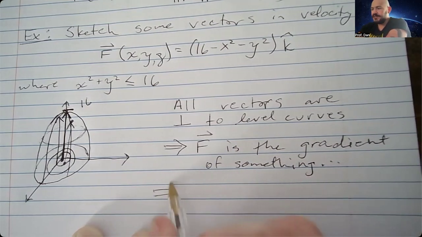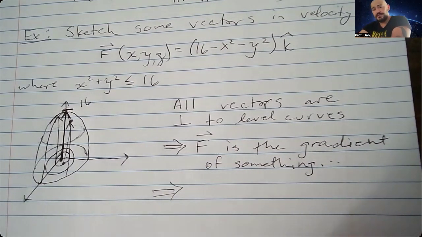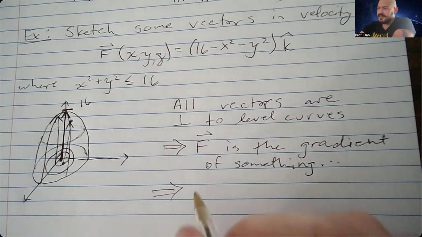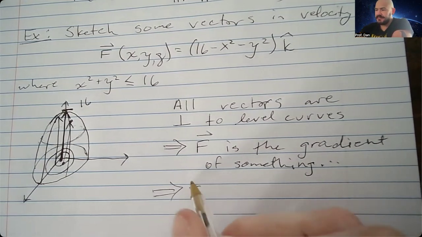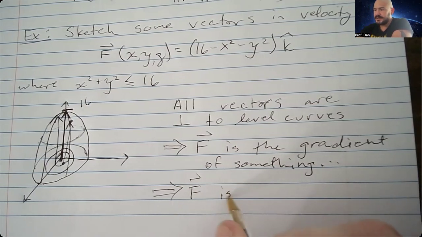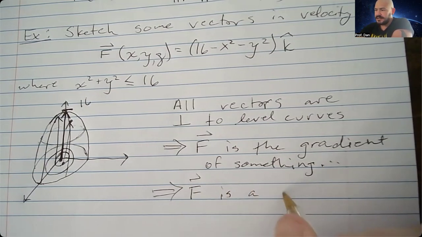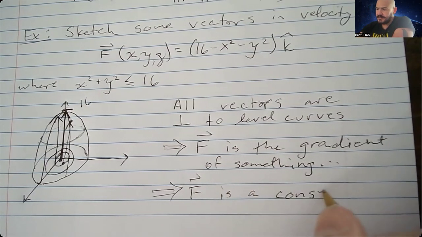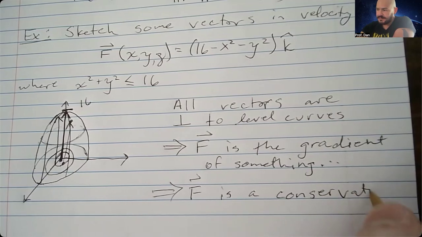And we have a vocabulary word that's new to this chapter that describes this situation. Specifically, we would say because F is the gradient of something, that F is a conservative vector field.